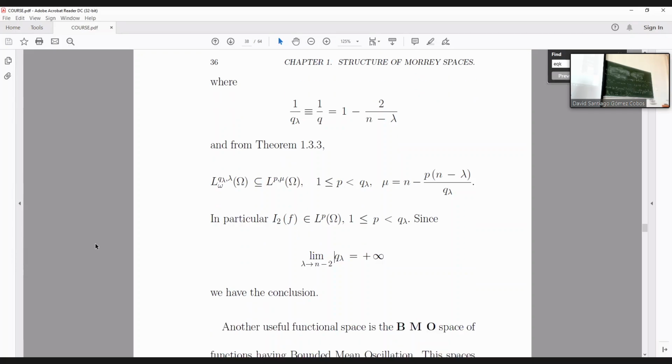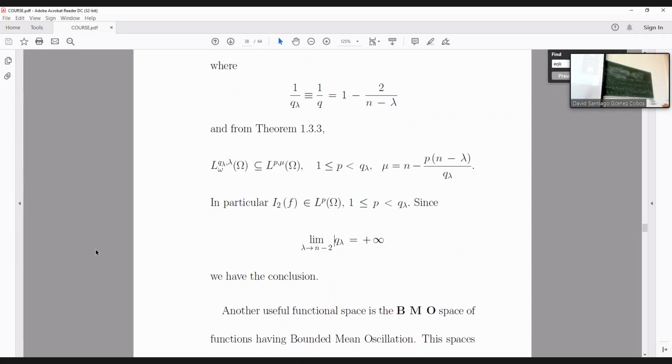Now we would like to slightly change the class of spaces, one that is useful in PDEs and used a lot, named BMO, where BMO means bounded mean oscillation.